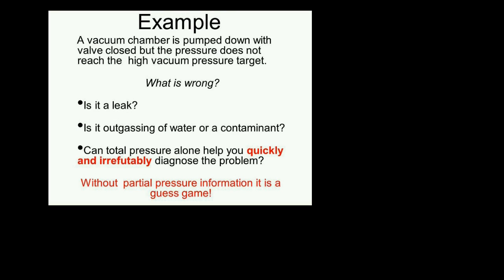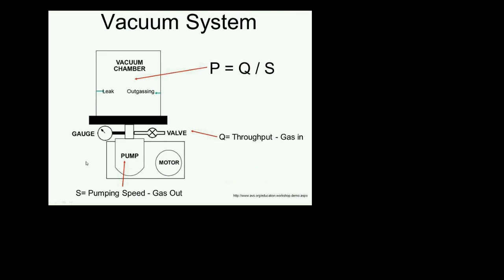And for that, let's just use an example. Imagine that you have a vacuum chamber, and we'll go back to the prototypical vacuum chamber here. We close the valve and we start pumping on the chamber. What we are after is a specific target pressure that we need to hit before we can start a process.